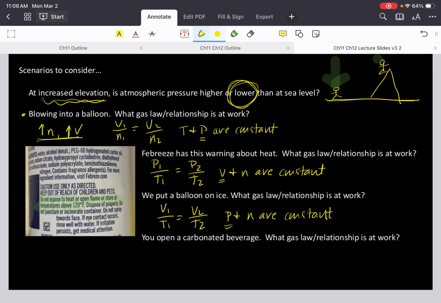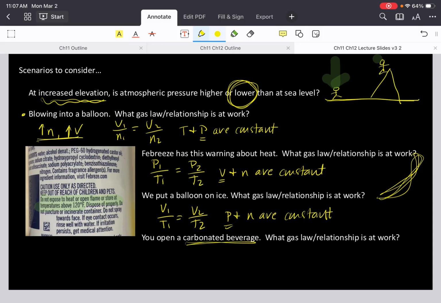If the volume is not flexible, then the pressure is going to go up. So these two are similar scenarios where we're changing the temperature, and whether it's pressure or volume that responds depends on the scenario. Is the container flexible or is the container rigid?